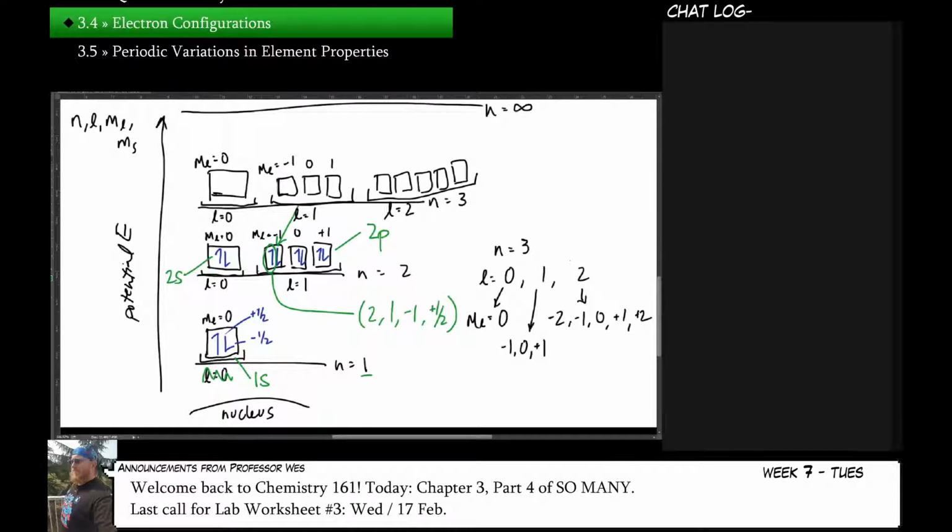For L equals 2, m sub L, -2, -1, 0, 1, and 2. And this keeps going on and on infinitely. And if we were going to label these, this would be 3s, these would be 3p, and these would be 3d.